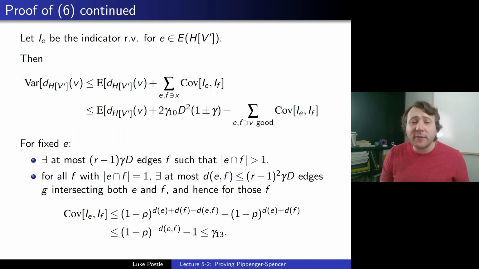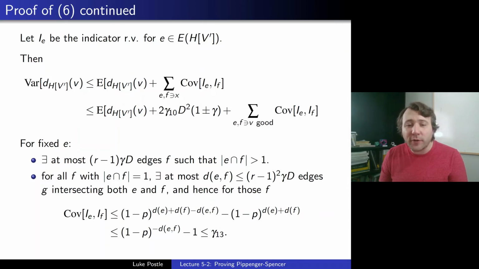And similarly for the first part, where we're taking the expectation of them together, we need all of their common edges, the edges that are next to either E or F, to not be selected, which would be d of E plus d of F minus their co-degree. And in the same way as we did for 5, we can upper bound this by throwing out a factor of 1 minus p to the dE plus dF, because that's just at most 1, getting 1 minus p to the negative co-degree there, the dEF, minus 1.